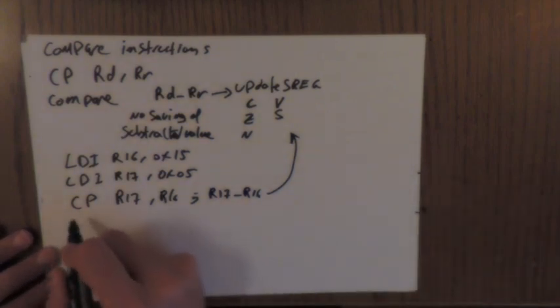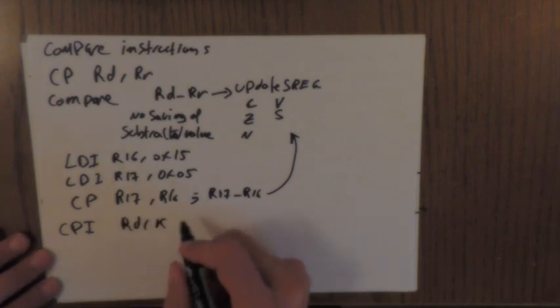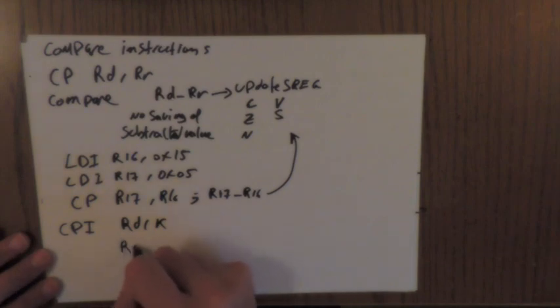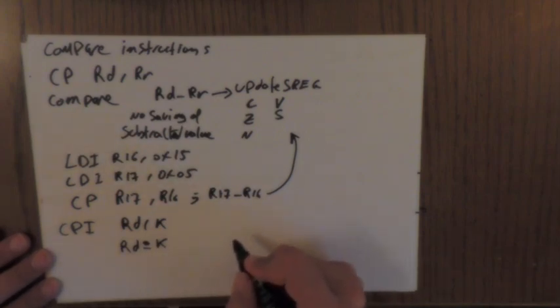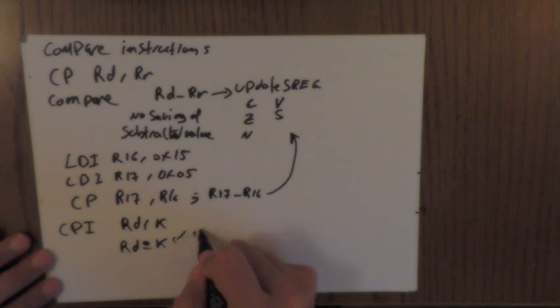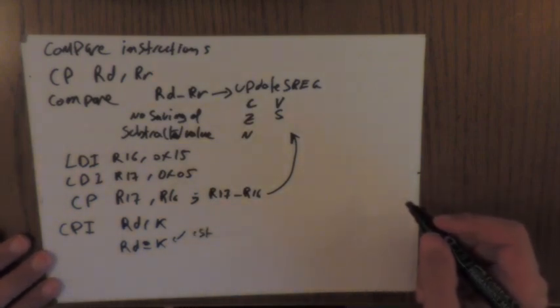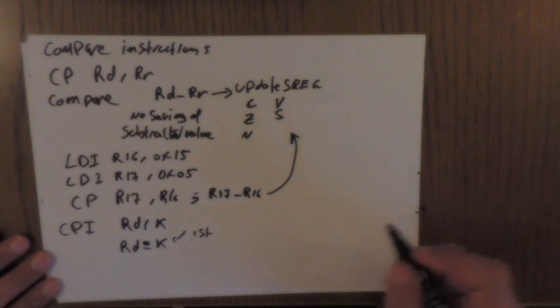Also, there is another variant which is CPI, which means compare with a constant. What this does is RD minus K. Okay, so in this case I am comparing with a constant. These are very useful when we want to make decisions.